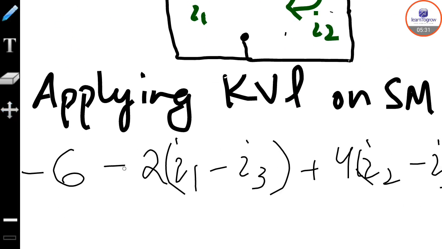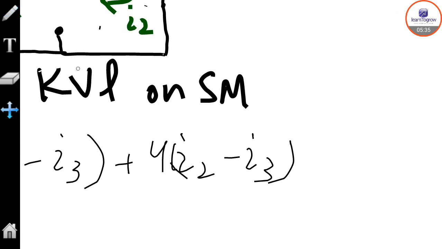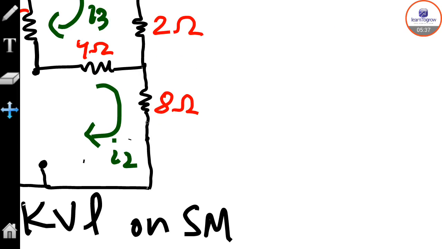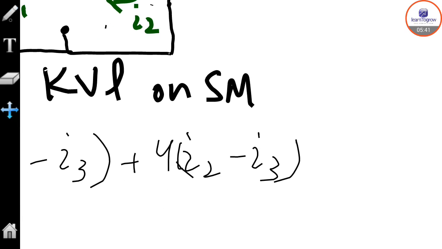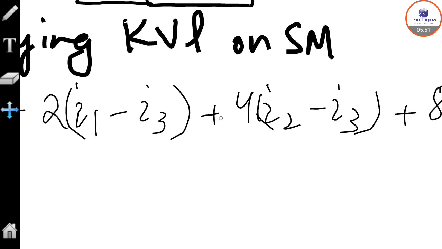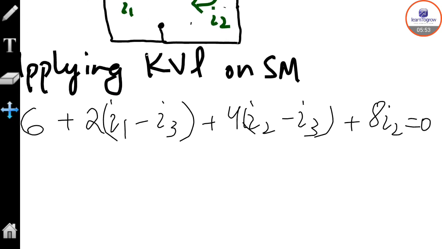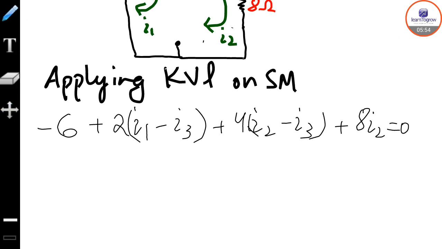This was plus sign. Then this 8 ohm is completely of I2, so 8 I2 is equal to 0 according to KVL. All the voltages in a loop or in a mesh have a sum of 0. Now we will simply solve them.